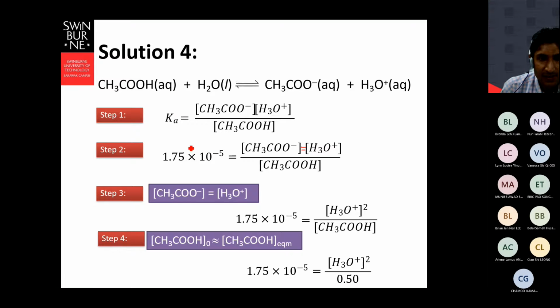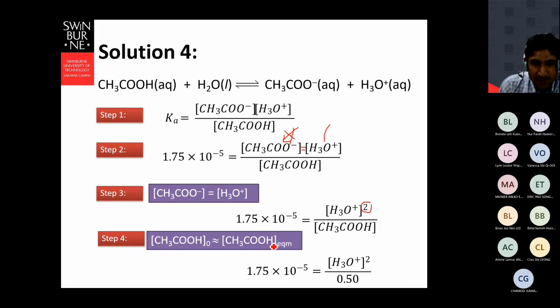The Ka value is given, and these two values are equal. Since we need the hydronium ion concentration to calculate the pH, we are not considering the other one, but we just use the hydronium ion concentration to the power 2.